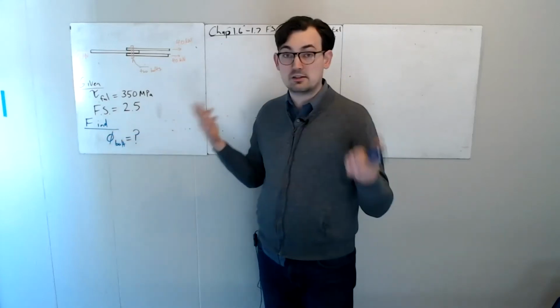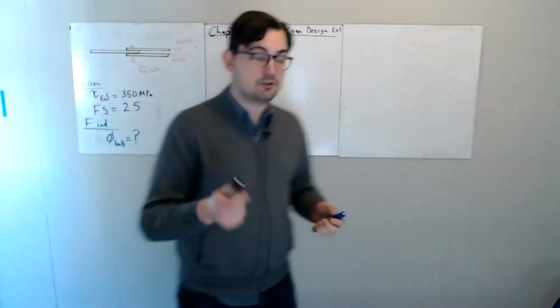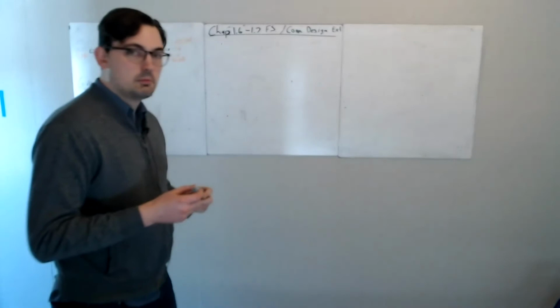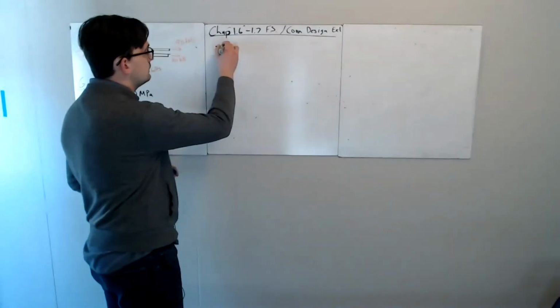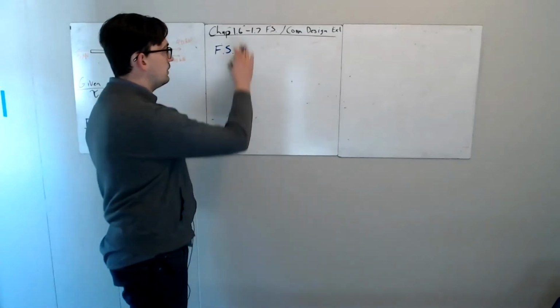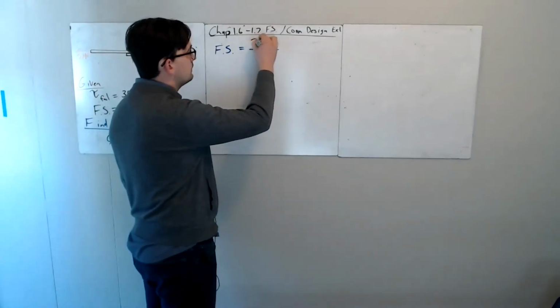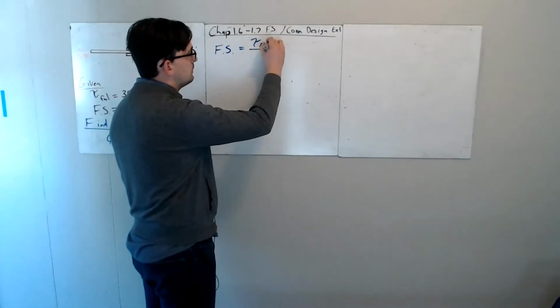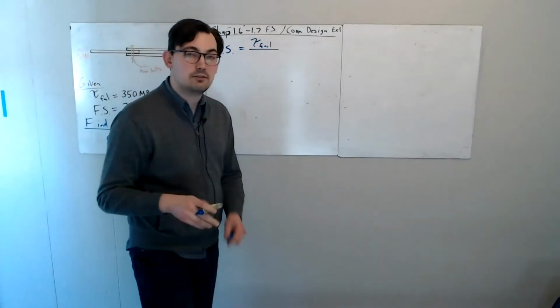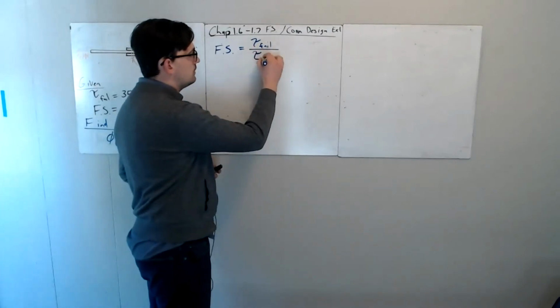I like to start these problems by first figuring out what our allowable average shear stress is going to look like. Remember, our factor of safety we want to be greater than 1. That's always going to put our capacity on the top. In this particular case, we're going all the way to failure, and then we want to put allowable down here.